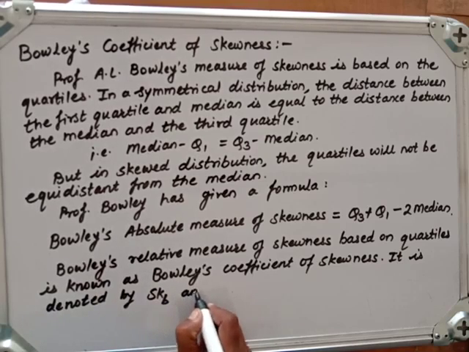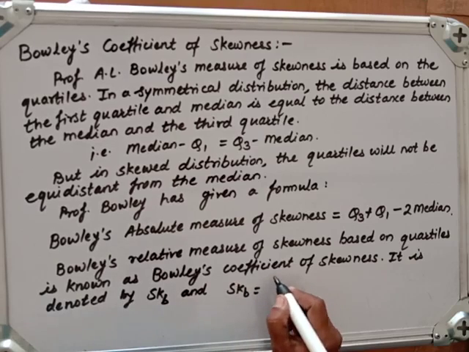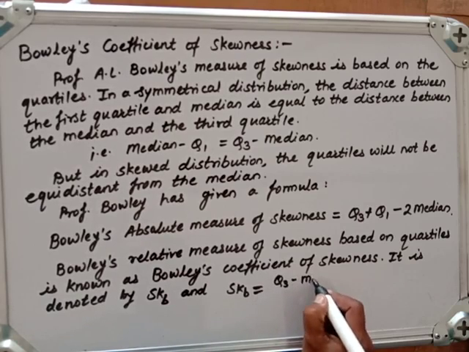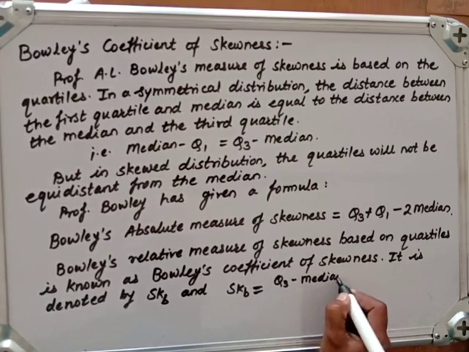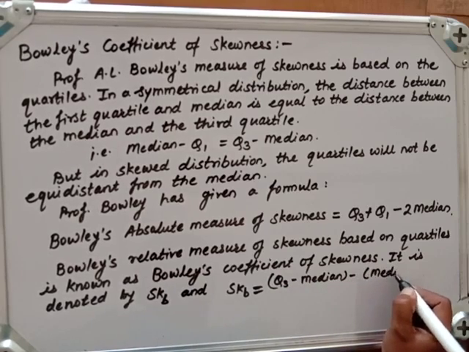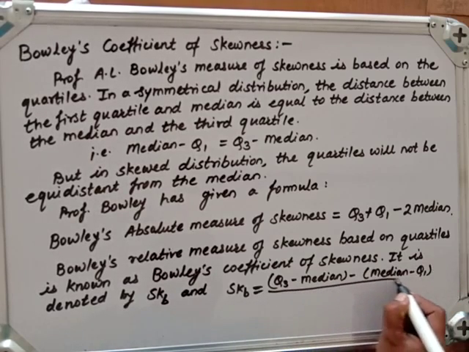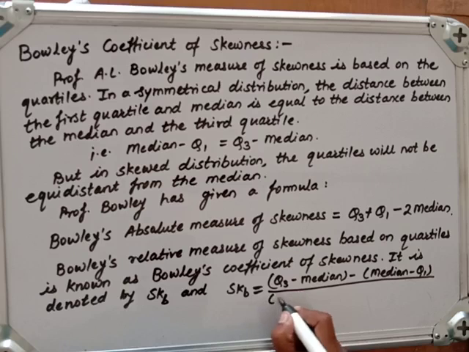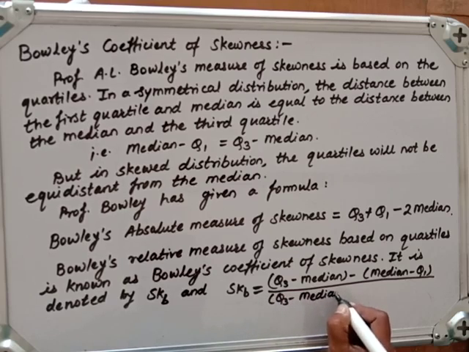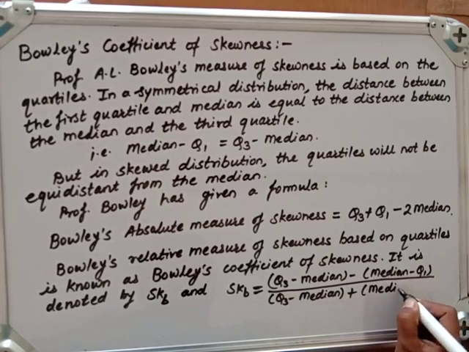SKB equals what? This is equivalent to Q3 minus median minus median minus Q1, upon Q3 minus median plus median minus Q1.